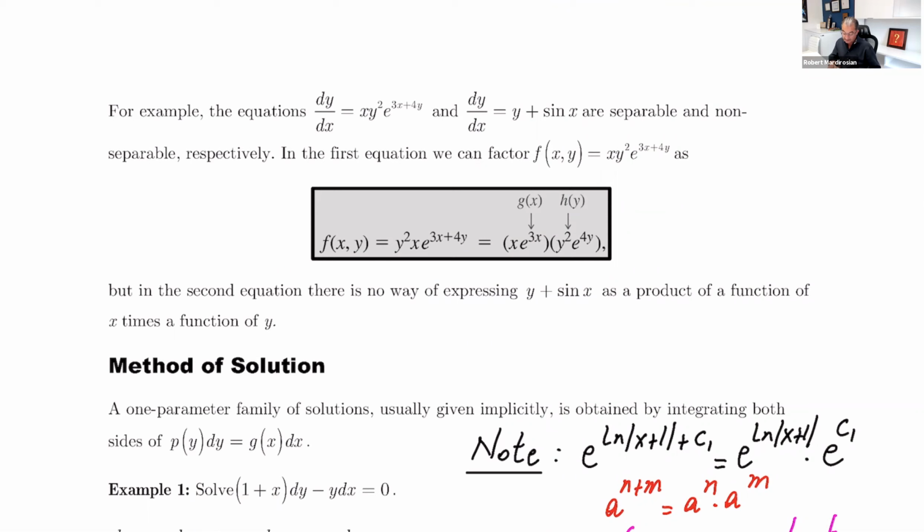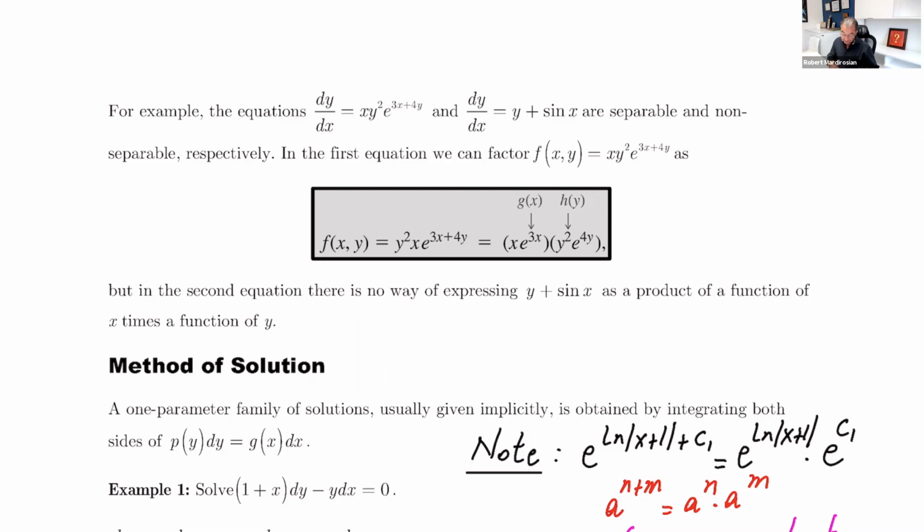And the second example, dy/dx equals y plus sine x. Are they separable? This one is separable because you can separate the variables. But for this one, you won't be able to separate them because the terms with x and y are not factors of each other. So let's see how this works.